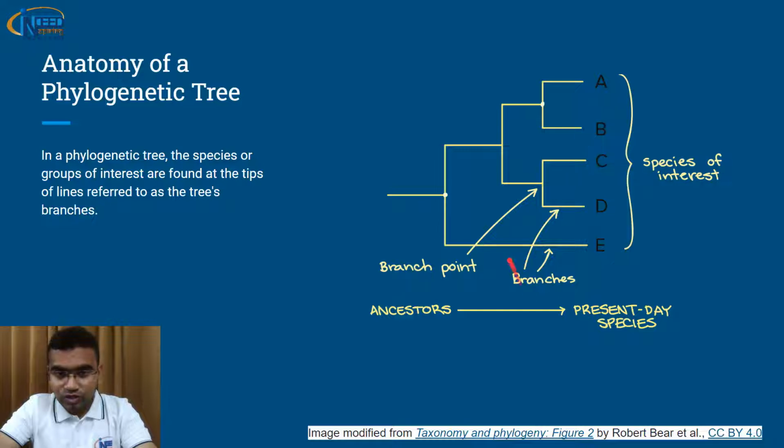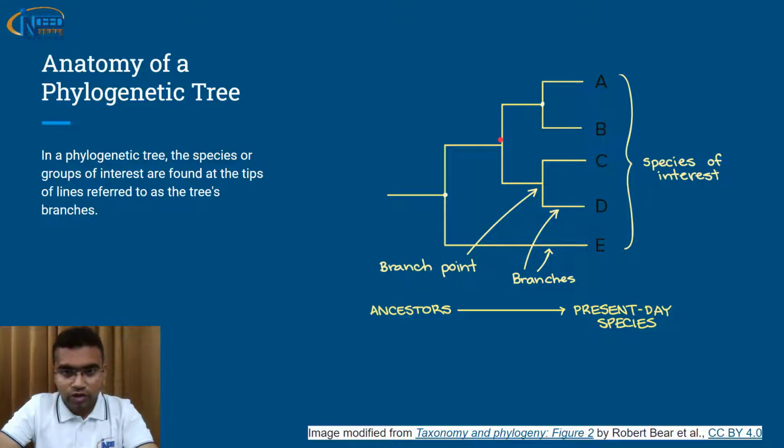Now, the ancestors are basically lying on the top side. The top can be a root, or if we are not aware of the root, then without a root we may have a tree. This is a branch point. This is another branch point, and these are the branches. The branch points represent common ancestors.